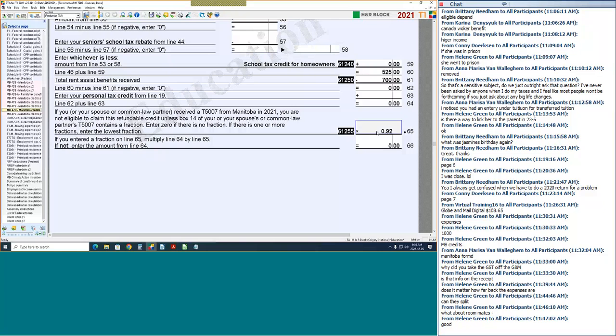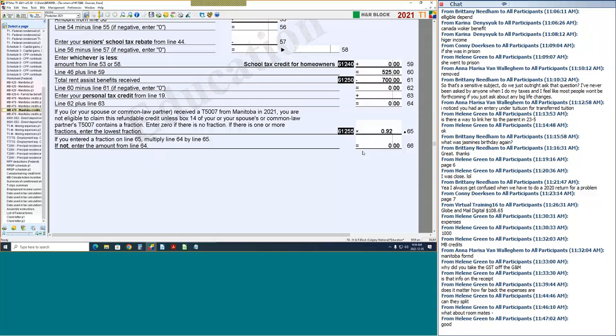Even though there's no benefit on the tax return, it's going to be a 0 at the end of the line. You have to do both of them anyway. So anyone who's receiving rent assist, we need to see their rent receipts and their rent assist receipt, and we need to enter both. That's not mentioned in the textbook. That's just something I know from working in an office in Manitoba for a long time, especially in an office that has a lot of people who have rent assist.